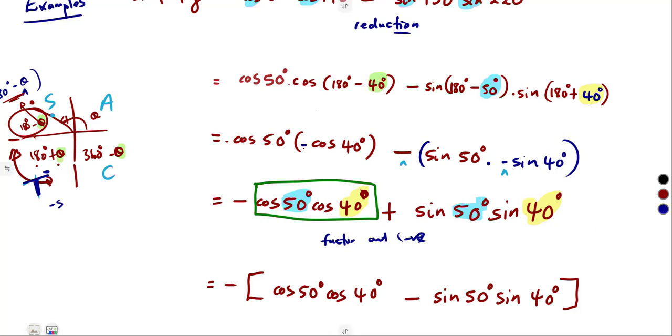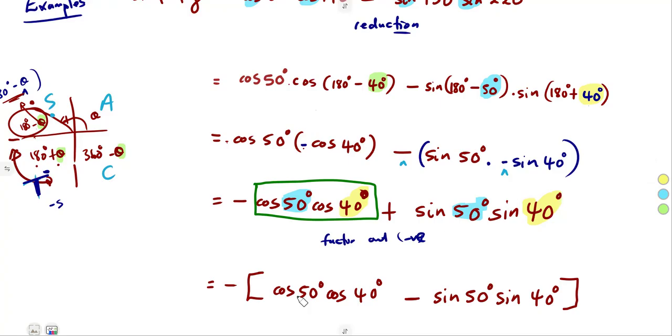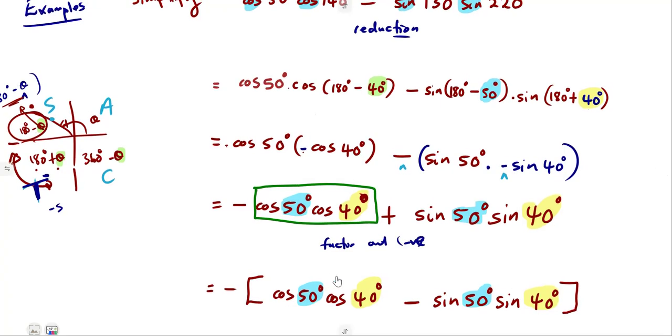So we are back to the application of our identity. As we have our alpha 50 degrees, same here, our beta 40 degrees, same here. Which identity are we going to use? Which is cos cos minus sine sine.